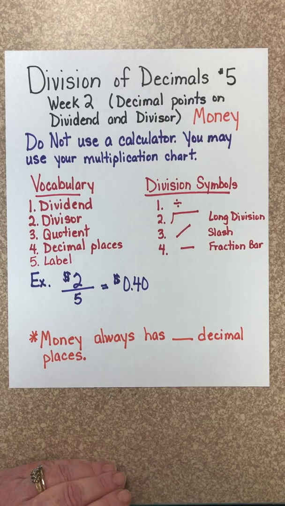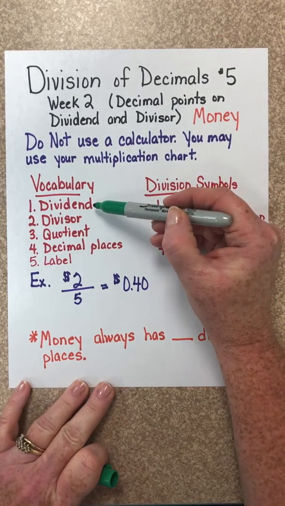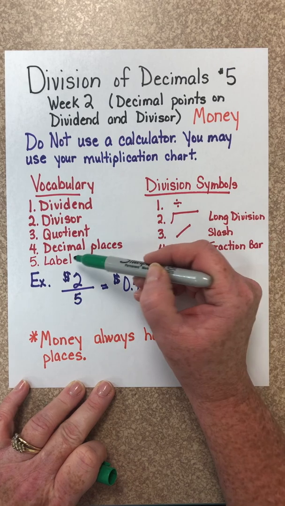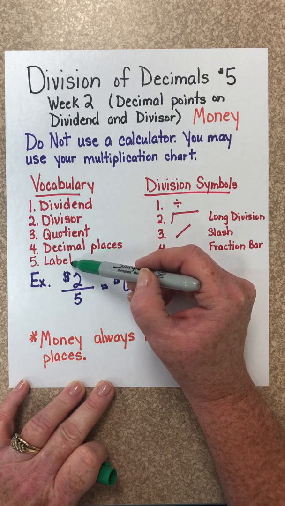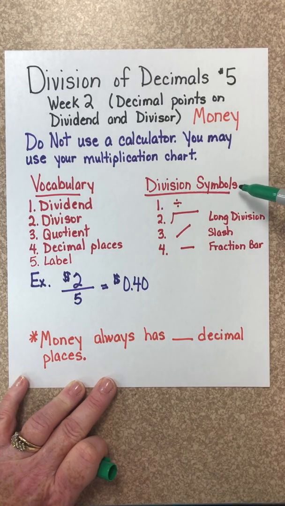Let's begin by looking at our vocabulary. We have dividend, divisor, quotient, decimal places, and label. It is very important that we label money, and we label it correctly, and we're going to go over that today. Let's look at our division symbols.